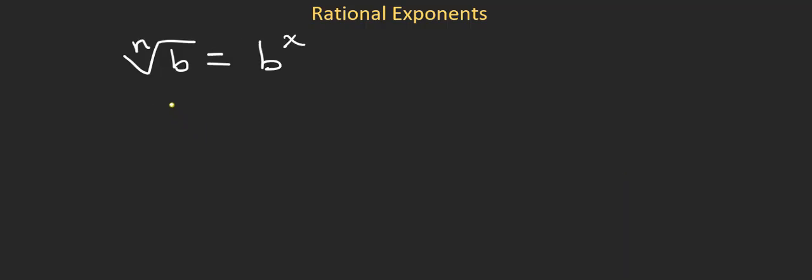Using similar reasoning, we could find the nth root of b and change that to a rational exponent. So again, if we want to get rid of the nth root, we have to raise both sides to the power of n.